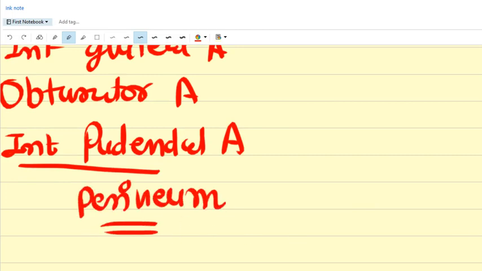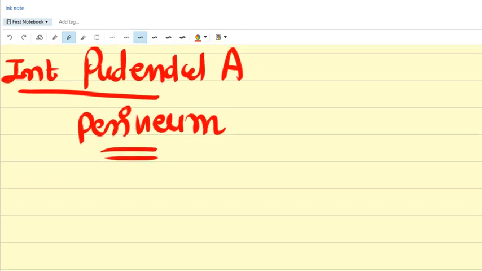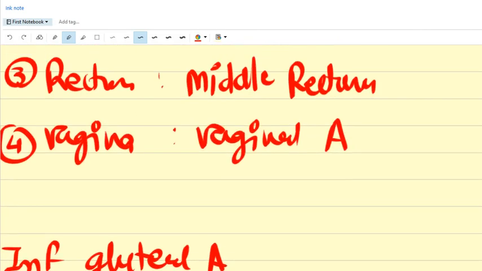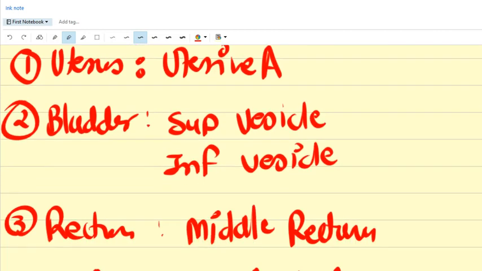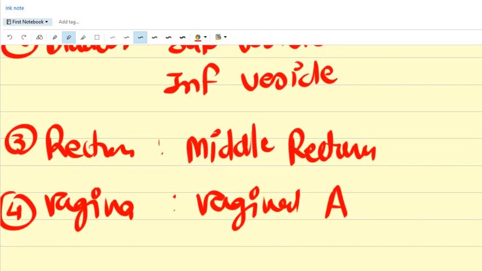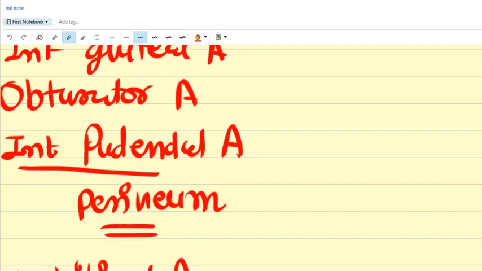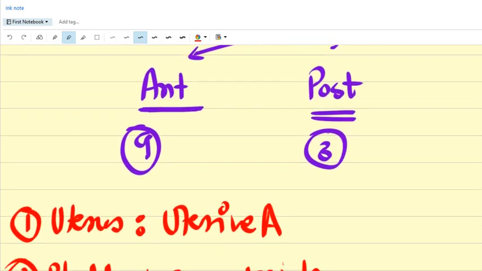Okay, the perineum it supplies, like vulva and all these things, is supplied by internal pudendal artery. There is umbilical artery which is a remnant artery from the fetal life. So you got all 9 branches: uterine artery, superior vesical, inferior vesical, middle rectal, vaginal artery, inferior gluteal, obturator, internal pudendal and umbilical. Okay, it is very simple to remember, no problem in that.